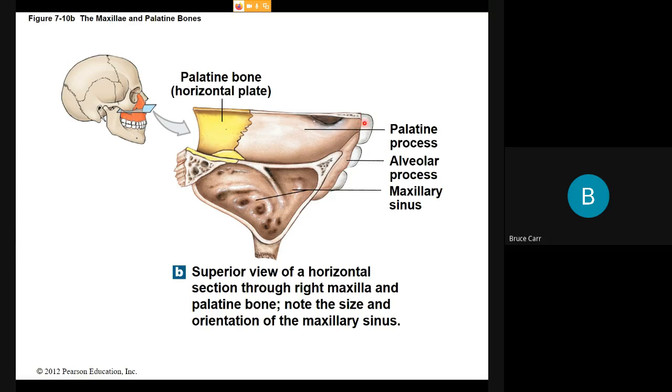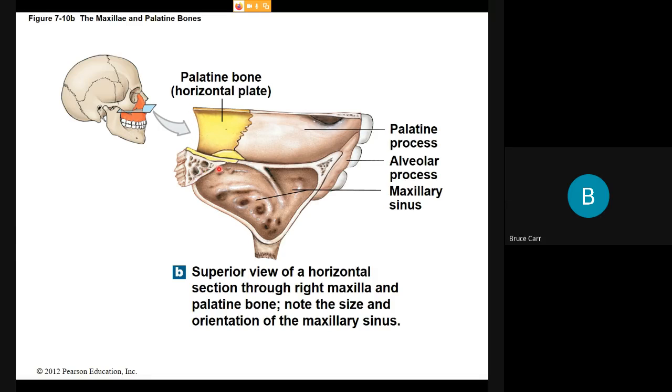We're looking at the nasal cavity right here. So the maxilla forms the palatine process, the hard palate, and in the back it joins with the fifth bone that's paired, the palatine bone. This is the right palatine, showing the extent of the hard palate.